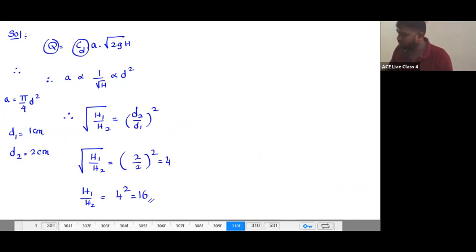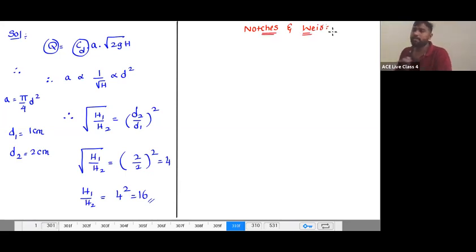Now there come notches and weirs. Actually, a notch is a small scale, and a weir is a larger scale.